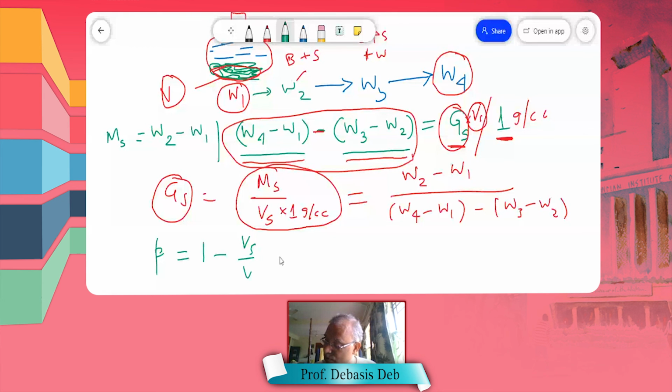Now you can see this one, I can write 1 minus, even if I'm writing it now in weight format, Ws divided by gamma W. That's why this is now coming into Gs. This is in the top.